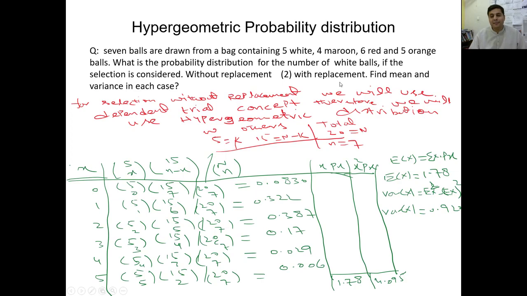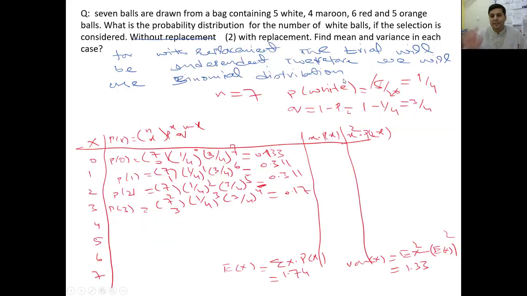So when the success probability is not changed, the trials are independent and with replacement, then we need to use binomial distribution. So for with replacement the trials will be independent, therefore we will use binomial distribution. n will be 7. Probability of white: how many white do we have? 5 out of 20. So 1 over 4 is the probability of success.